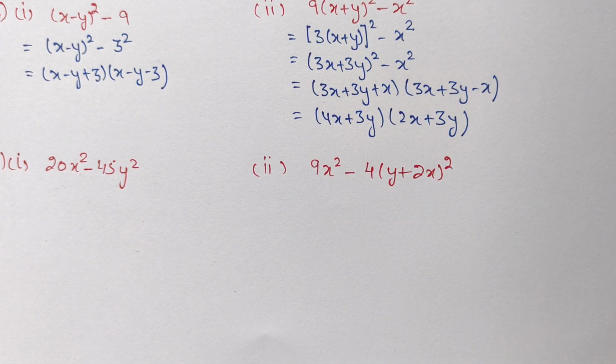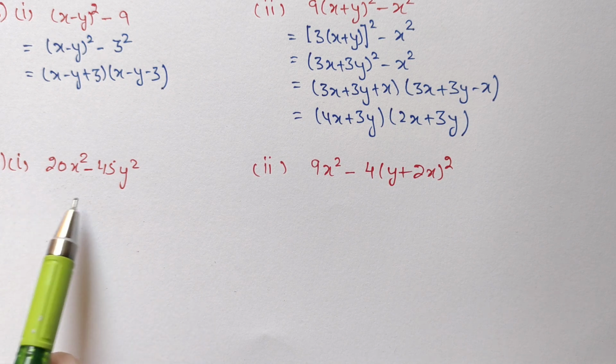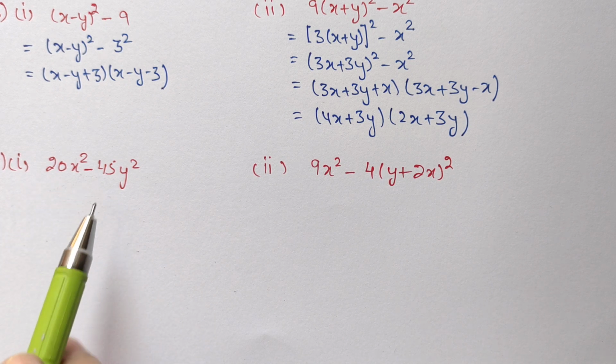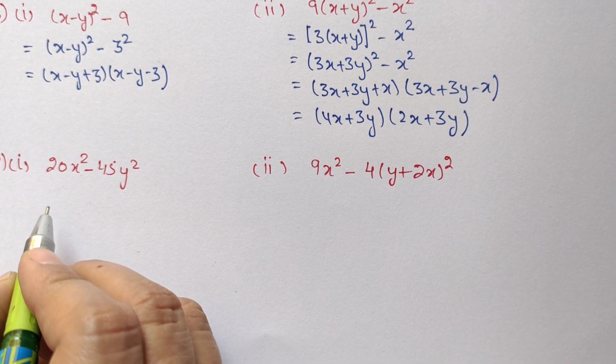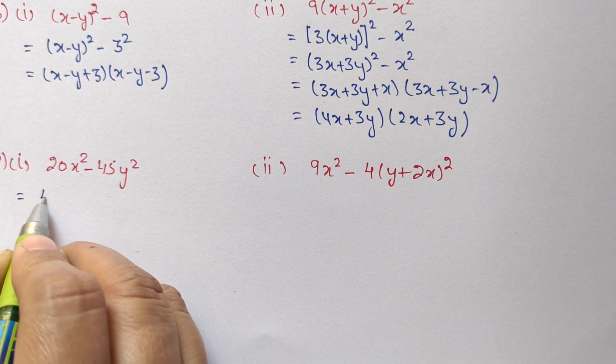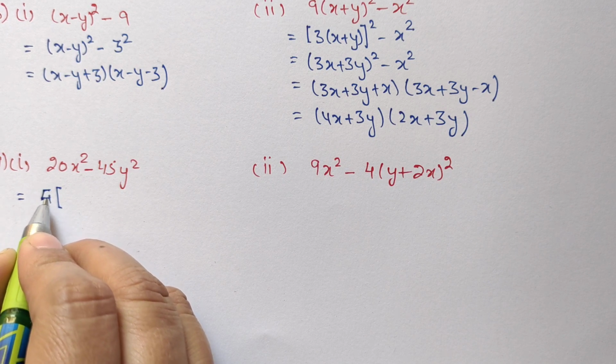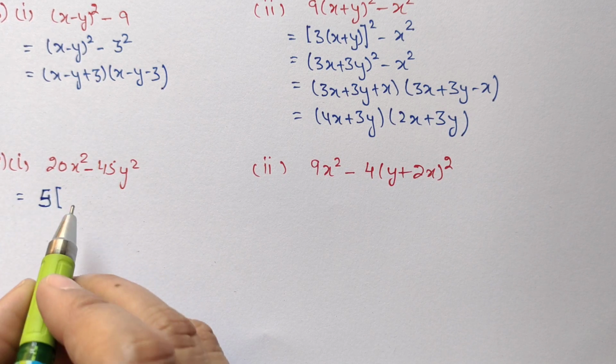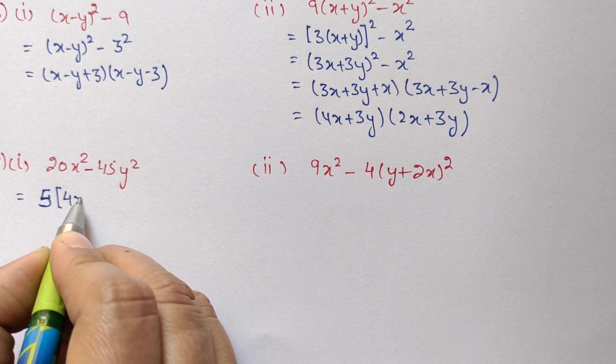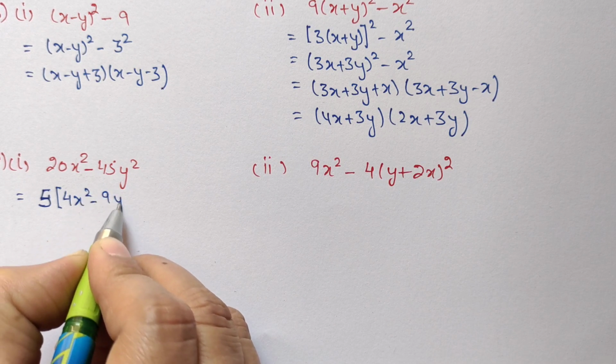Fourth question, first part: 20x square minus 45y square. First take out the common from 20 and 45. 5 we can take out common, so it will become 5 times, in the bracket, 4x square minus 9y square.